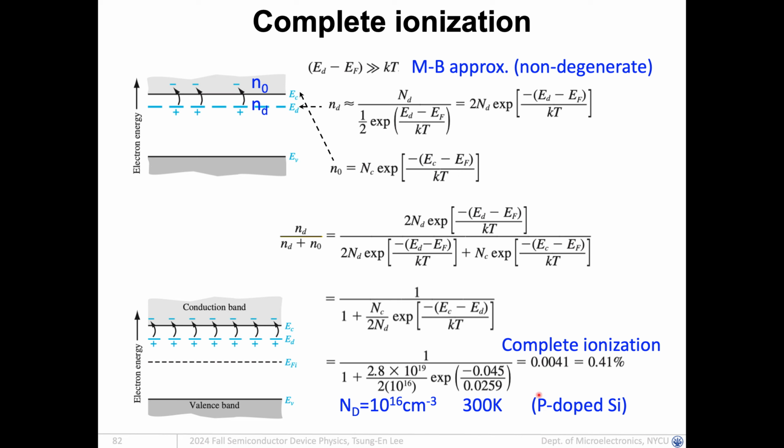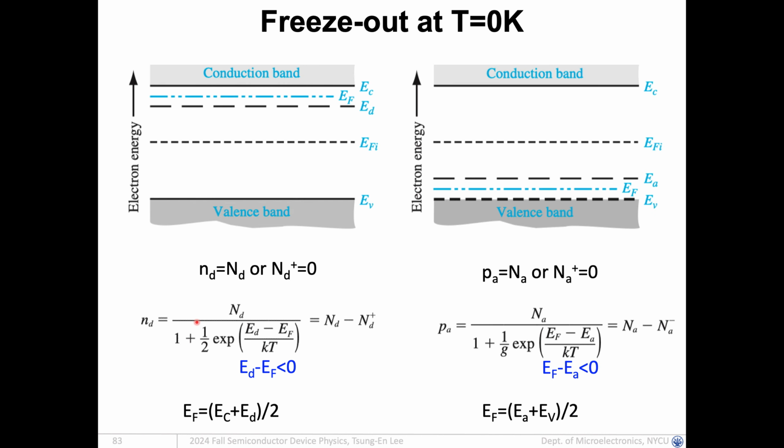This is a typo. It should be the undoped silicon. The opposite concept of complete ionization is freeze-out, which happens at 0 K. For the donor state, the electrons will not occupy the conduction band and are not ionized. They totally stay at the donor binding energy level.